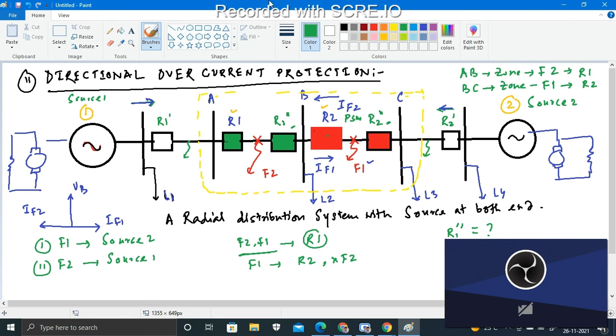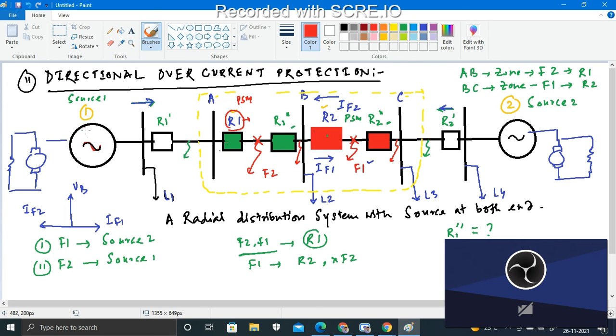It may happen that some fault appears in this section, or in this section. So R1 and R2 will be there. Depending upon the behavior of the PSM setting, that particular zone will not be visible to R1.